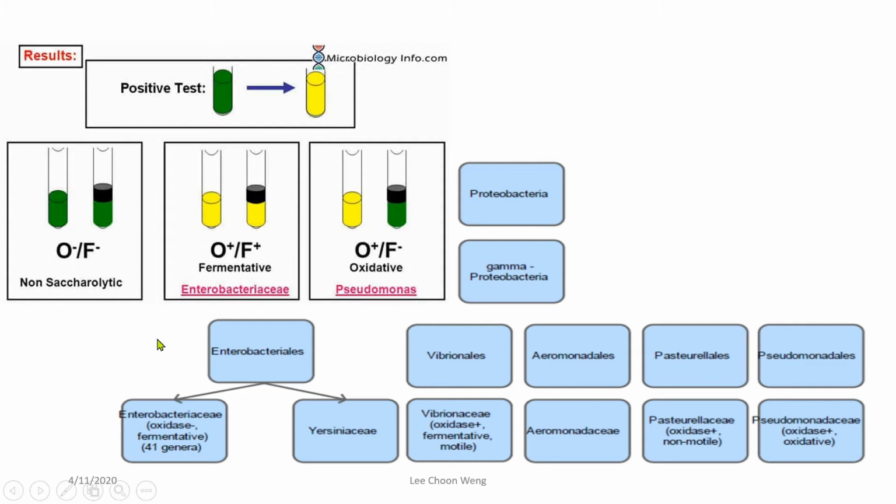So this is the order. We have Enterobacteriales, Vibrionales, Aeromonadales, Pasteurellales, and Pseudomonadales. And from here you have your family.